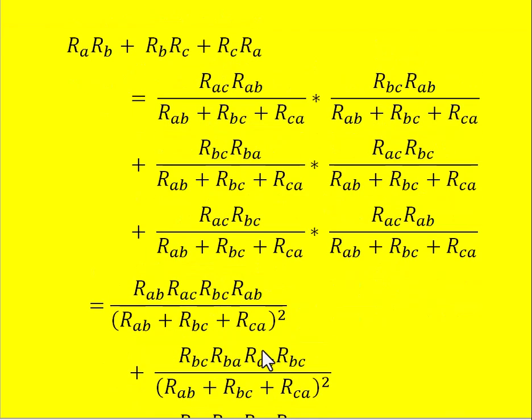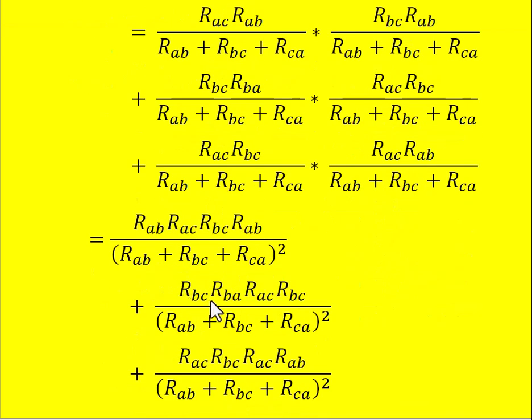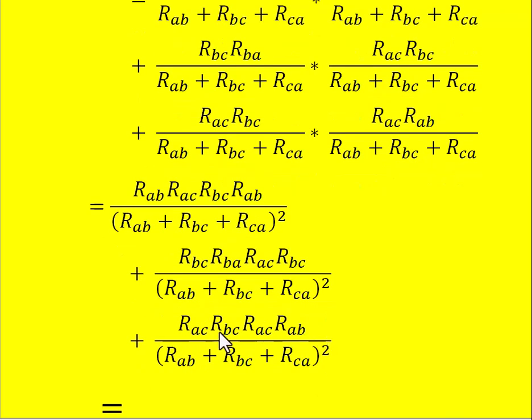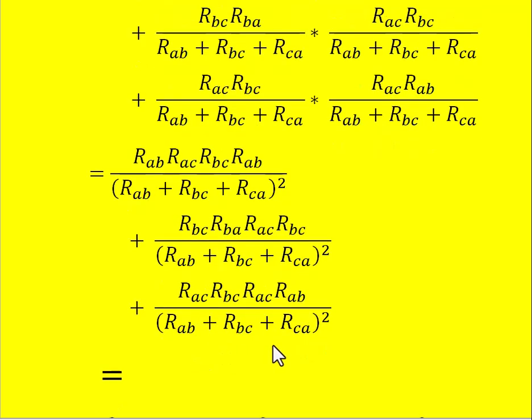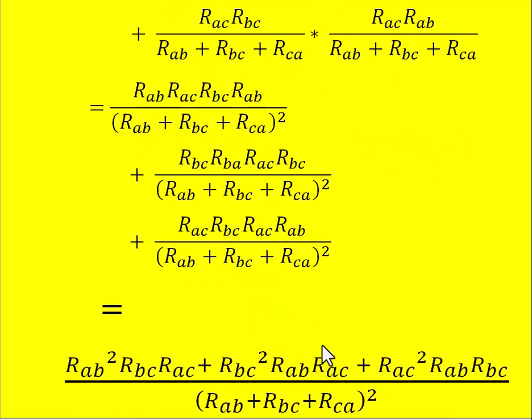That is the first term. Similarly, the next term also we get RBC, RBA, RAC, RBC divided by (RAB plus RBC plus RCA) whole square plus RAC, RBC, RAC, RAB divided by (RAB plus RBC plus RCA) whole square.